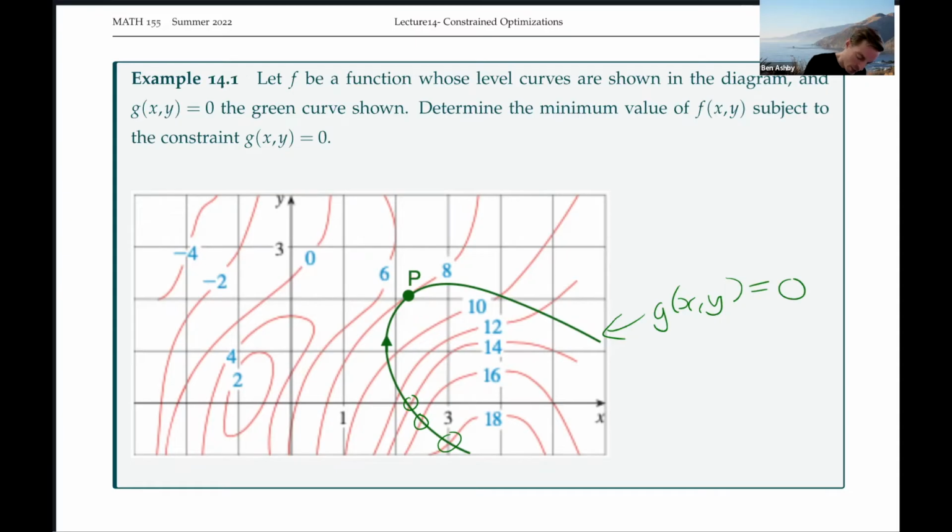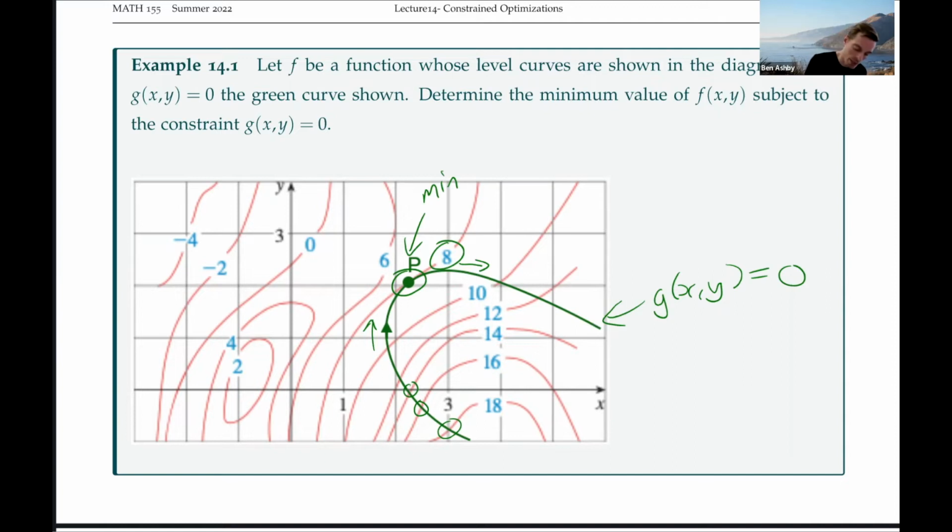But here, at this point P, our constraint curve is tangent to our level curve, so this is going to be a minimum. We know it's a minimum because this value down here is 8. On this side we're above 8, and on this side we're also above 8. So this is a minimum value.